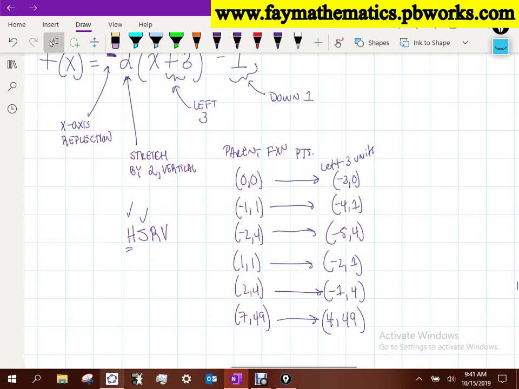Okay, so the stretch is by how much? 2. Vertical stretch by 2. Okay, and when I do a vertical stretch, what coordinate is getting impacted? The y is getting impacted. So the x's don't change, right? So I'm going to rewrite these x's.